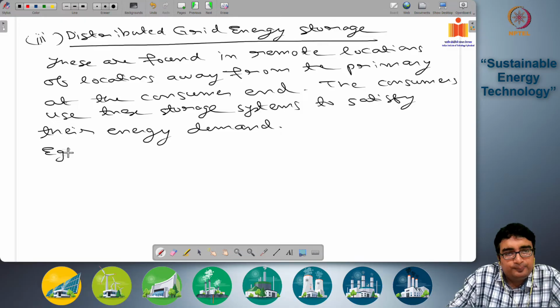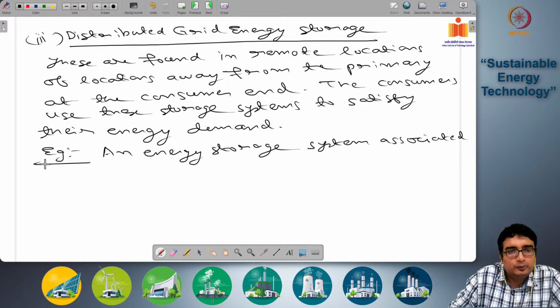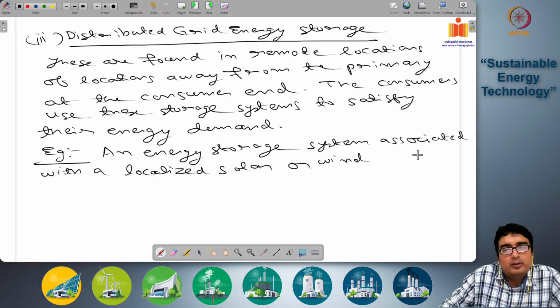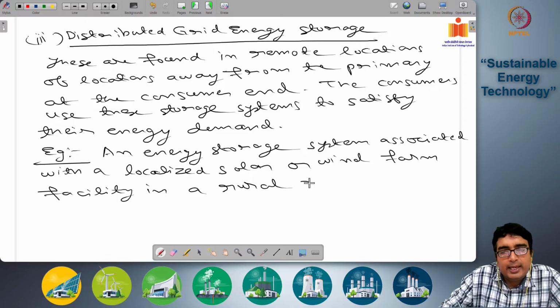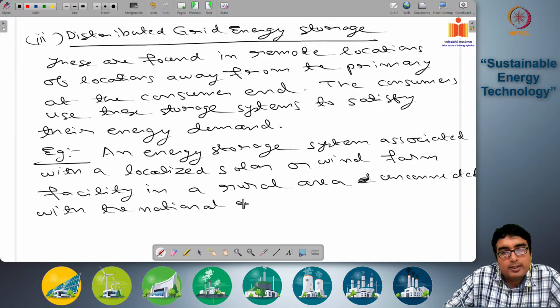So, for example, an energy storage system associated with a localized solar or wind farm facility in a rural area, unconnected with the national grid.